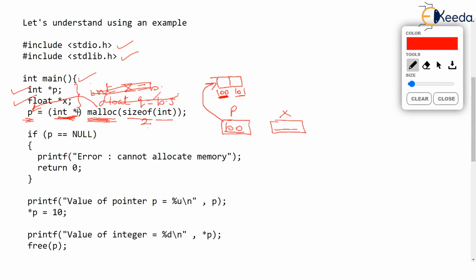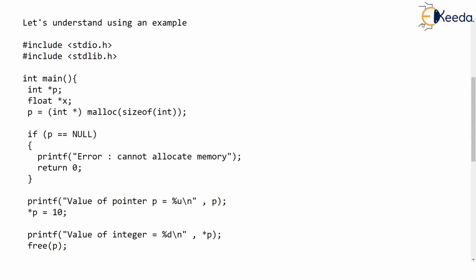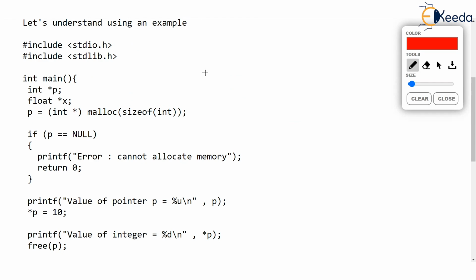All right, then if you have still not understood this, I prefer reading this statement in English. See, it's always a great practice to read mathematical expressions or even the C code in English. I read it as P, which is an int pointer, isn't it? We have declared it as an int pointer. P, which is an int pointer. That is why we have written int pointer in the bracket. So P, which is an int pointer, should point to the newly allocated memory, and the memory allocated should be size of int.